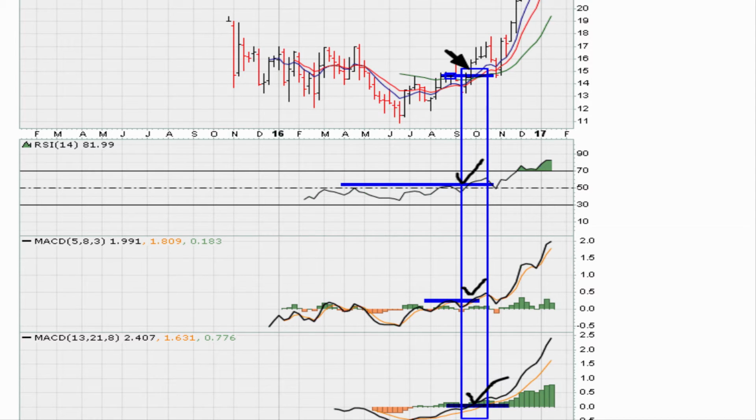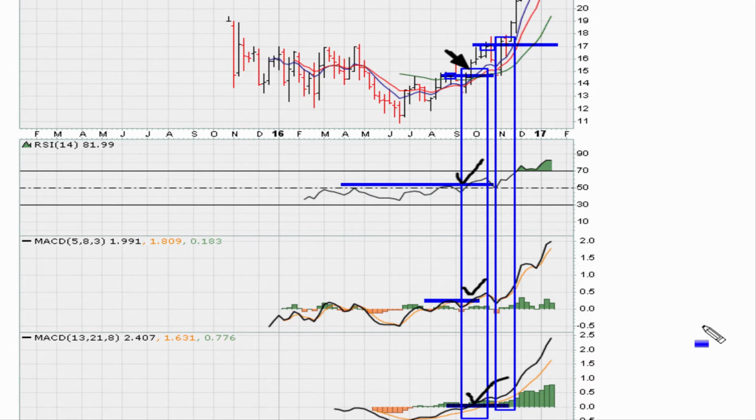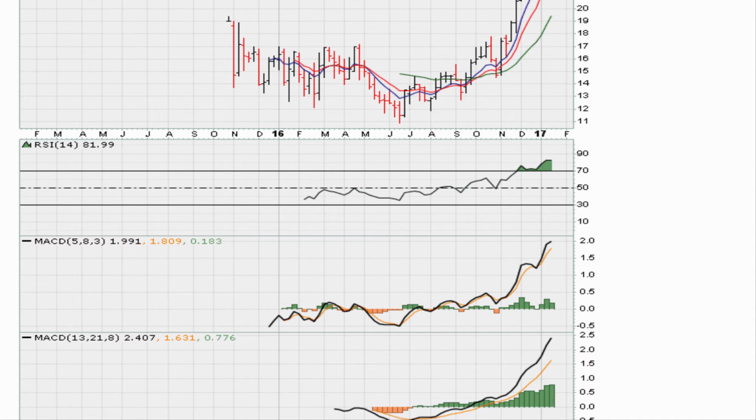Here we can see another breakout, and it is this time frame here. And going back to this weekly closing high, the stock comes back after a period of down weeks and breaks out. So we're talking about this time period here.